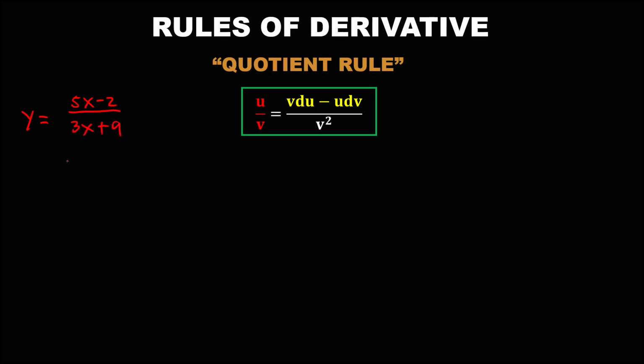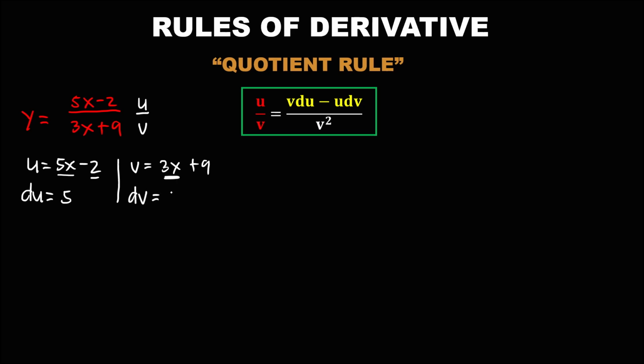To find the derivative using the quotient rule, this is u over v. So u is equal to 5x minus 2, then du, the derivative of 5x, that's 5, and the derivative of the constant is 0. Then we have now v. v is 3x plus 9, and the derivative of v, the derivative of 3x is 3, and the derivative of the constant is 0.